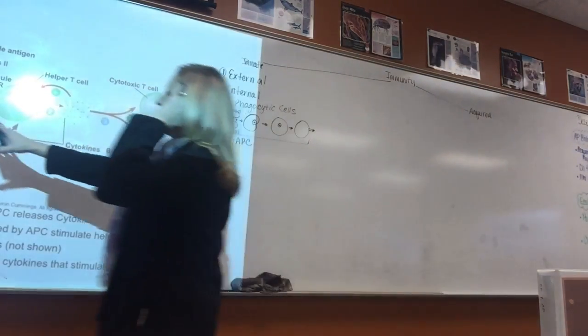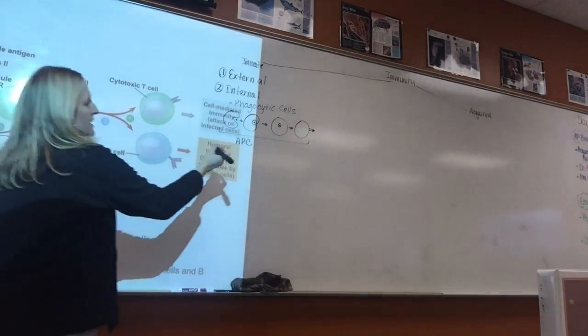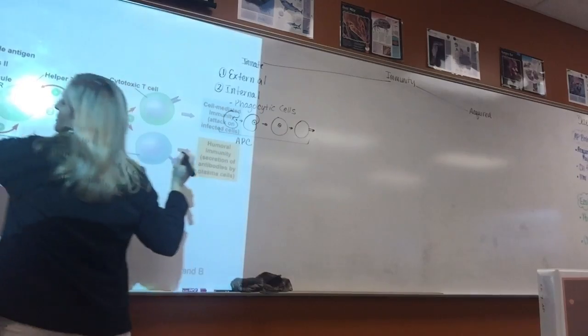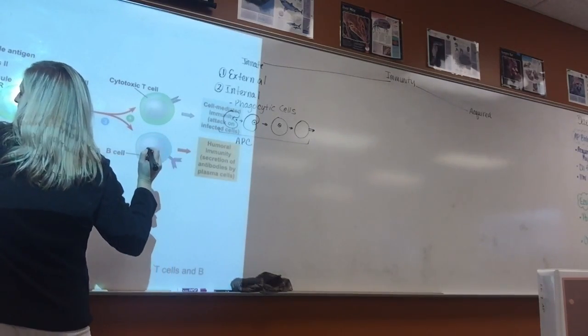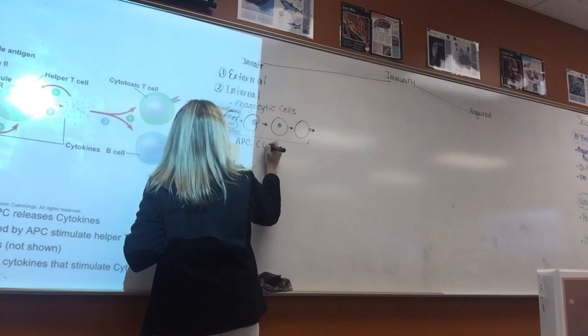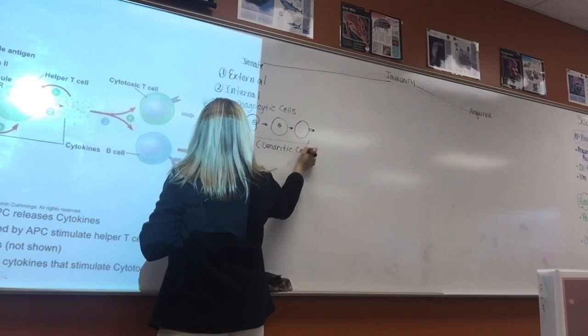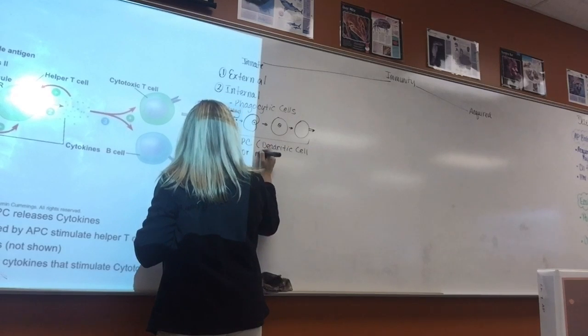So that's what we have here. An example of an APC, in this case, is a dendritic cell. It's engulfing the bacteria, so I'll put in parentheses here, dendritic. Or macrophages do this as well.